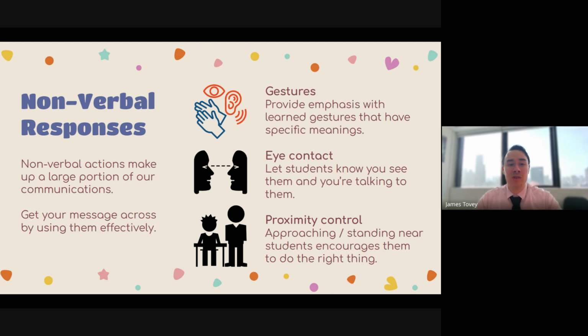Proximity control. So approaching students or standing near students to encourage them to do the right thing. If you're standing right there when they're supposed to be listening to you, and you stand over them and they're playing on their phone or something, they'll know, I'm not supposed to be doing that, and they'll be more aware of it.